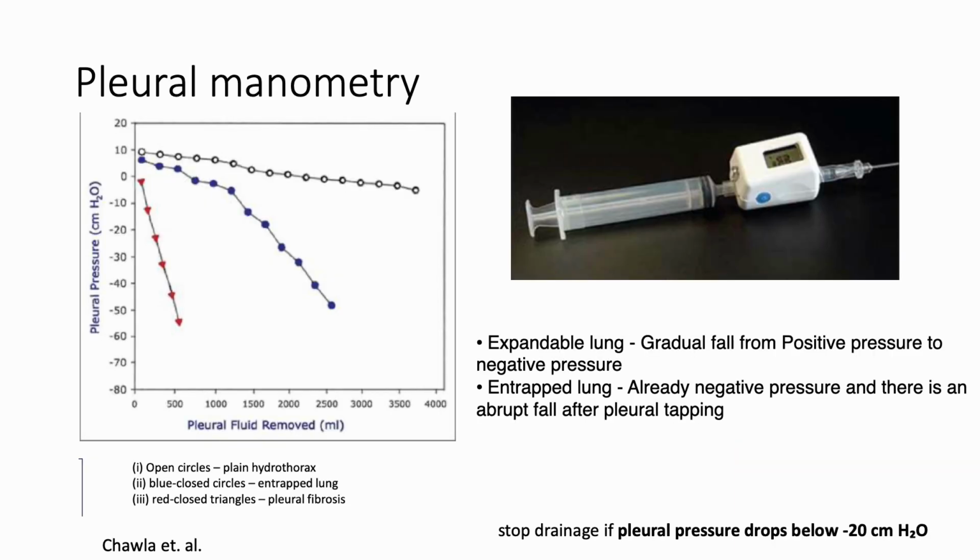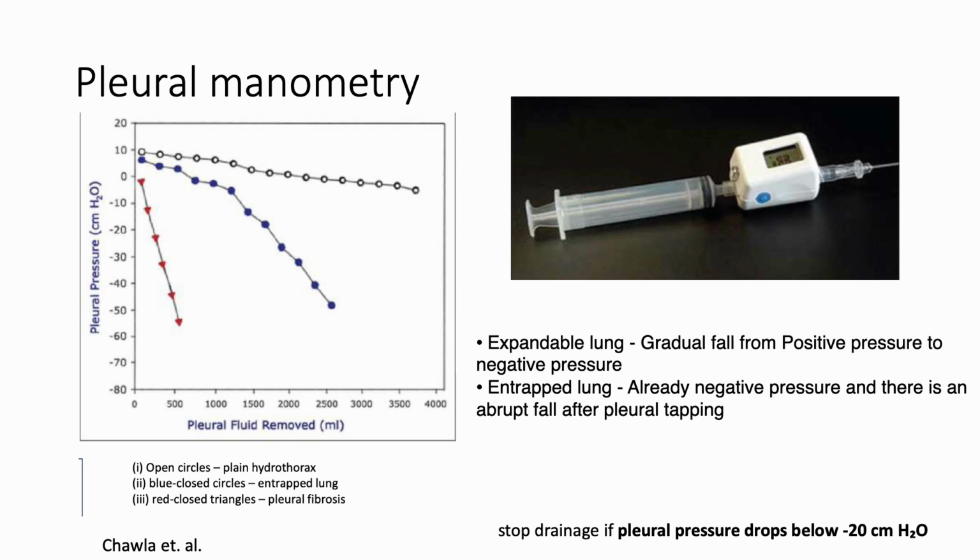Here we can see the pleural manometry device, which is a pressure measuring device for the pleura. We can insert the needle with the device inside the chest cavity, and the device will measure the pressure inside the pleural space. Two things we have to keep in mind: one is expandable lung, another is entrapped lung.